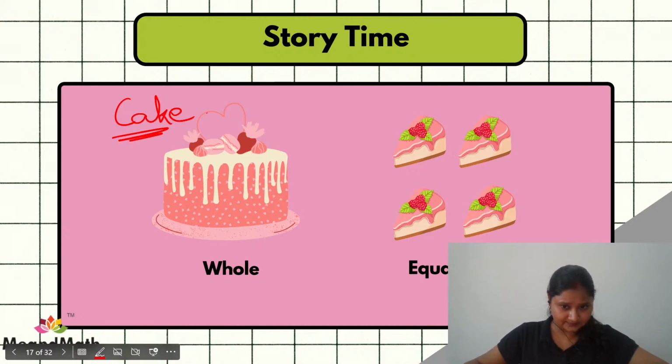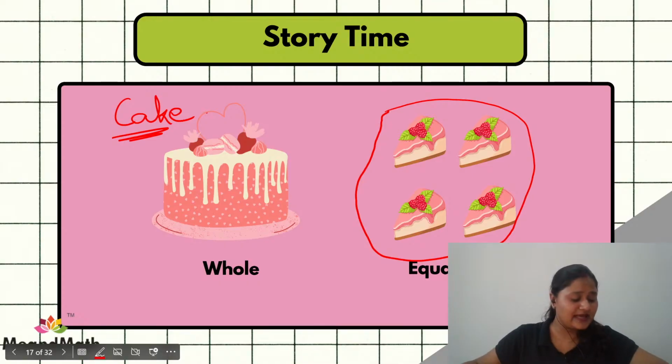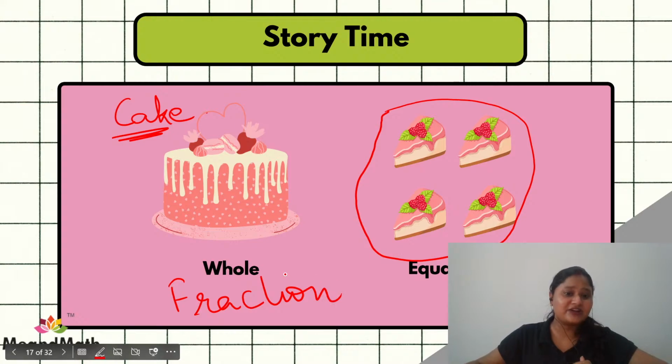And this cake is divided into equal parts. So whenever you are having your birthday, you cut a cake and then mama cuts the cake into equal parts and she distributes it among your friends. Yes. So this whole cake is getting divided into equal parts. So whenever you divide the whole into parts, this is nothing but what? Fraction.